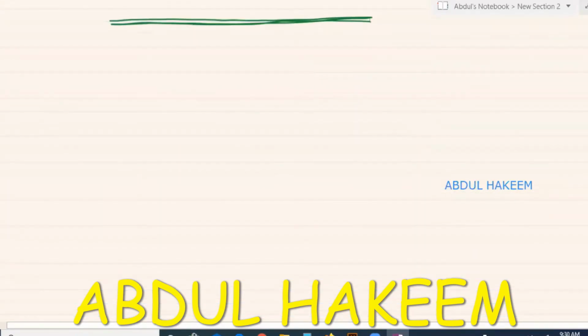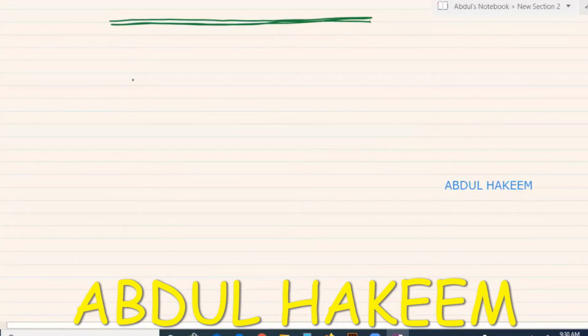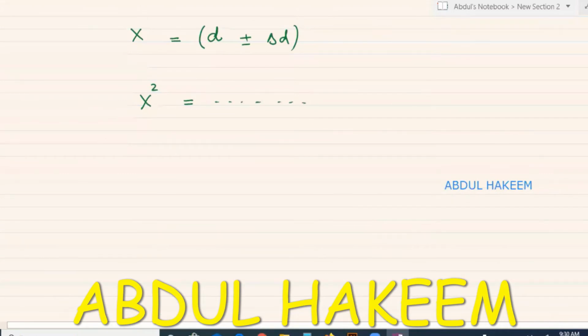For example, if the question is x is equal to d plus minus delta d, and the question is calculate x square for this, then for x square we simply write d square, plus minus what is the error of the square.